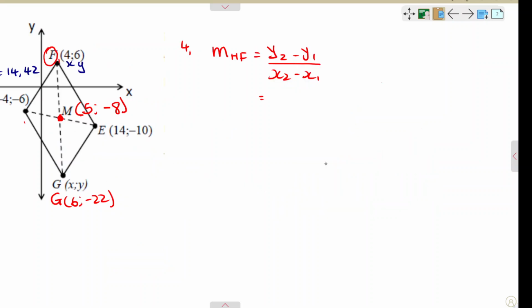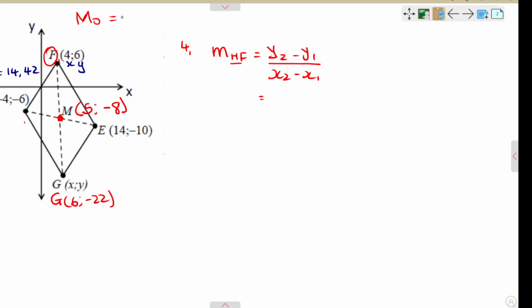For the gradient, we have the formula for the line HF. Remember, the M for the gradient cannot look the same as the M for the midpoint. For the midpoint, we use the capital letter M, for maybe a point X or the point O, for example.